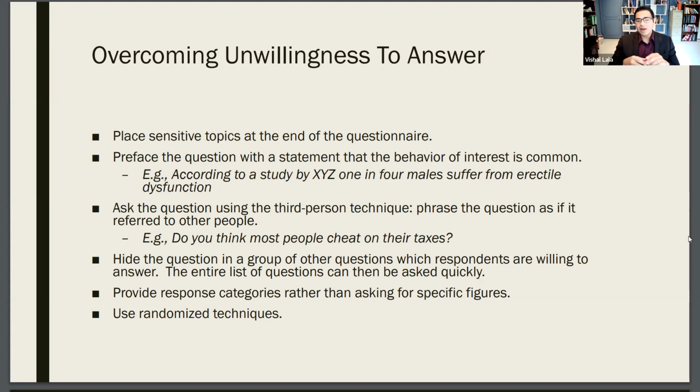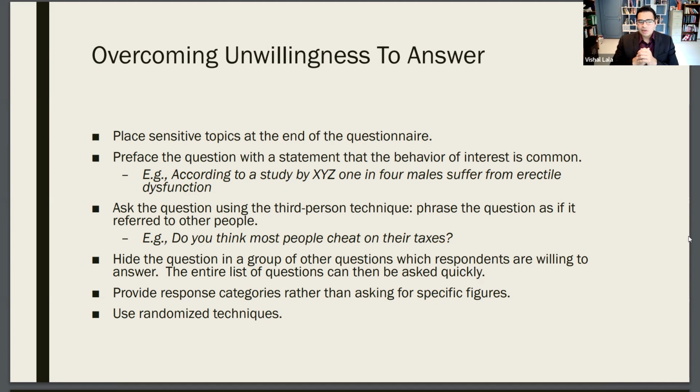Or asking them about other people or a made up fictitious person called Joe, then it again makes them feel a bit more relaxed about responding to the question. Another way I've found fairly effective in overcoming unwillingness to answer a question is to hide the question amongst many other questions. This way, people are going through a lot of questions very quickly, and they'll answer the question.